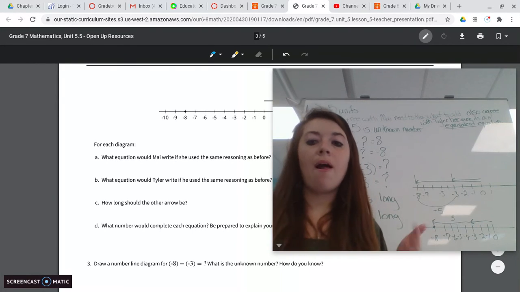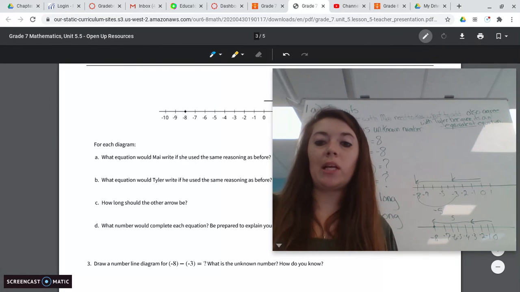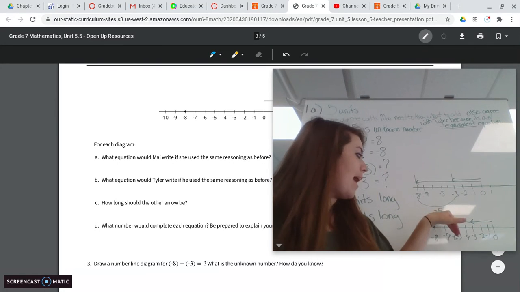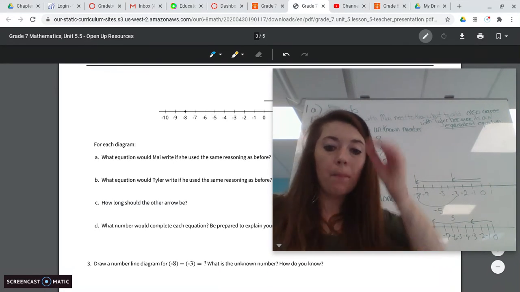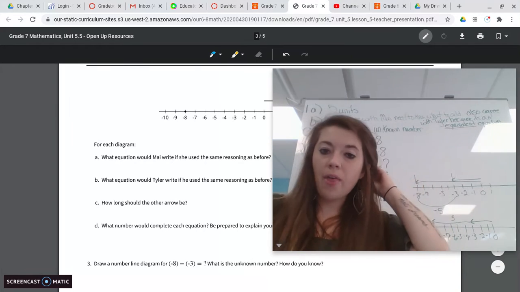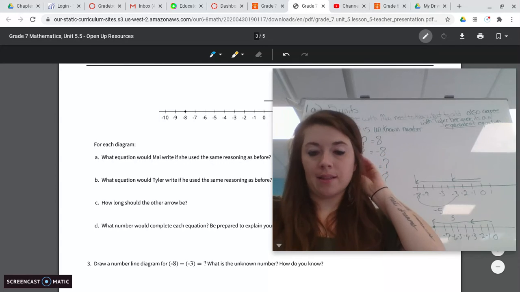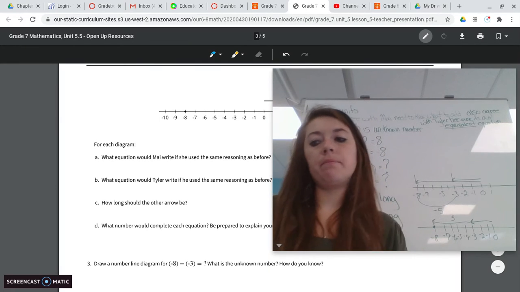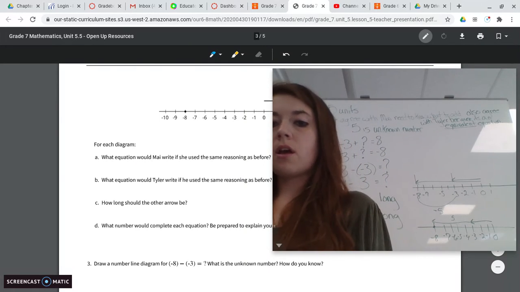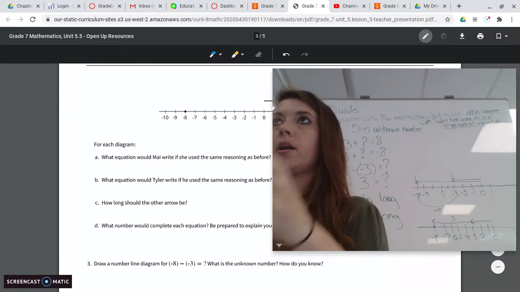So that's how we know that it is a 5-unit long arrow, which means the value is negative 5. So the unknown number is negative 5, and we know that because it's a 5-unit long arrow pointing to the left. Alrighty?